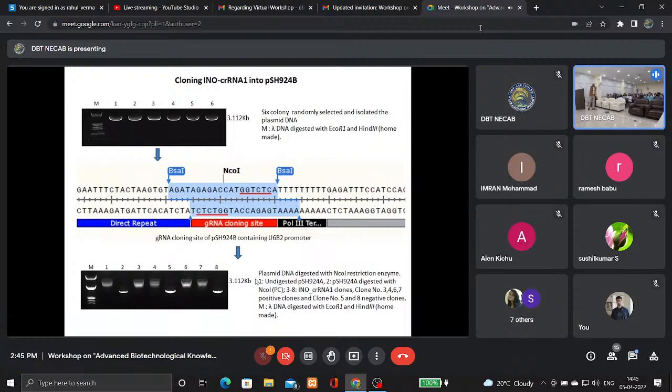So I picked up only 6 colonies, and then I isolated the genomic DNA. Okay, sorry, plasmid DNA. After isolating the plasmid DNA, and this is the lambda marker. Now, as I said, this is the original vector system.